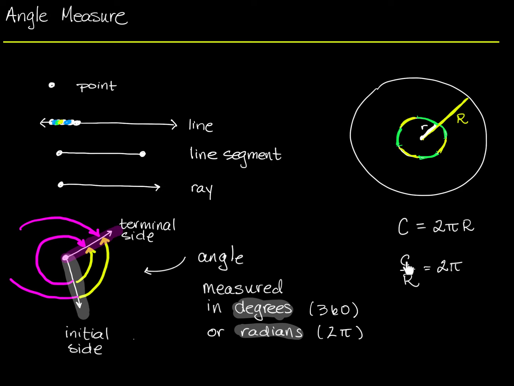If you take the circumference of a circle and divide it up by radius lengths, you'll always get 2 pi of those lengths. So we call one of those lengths a radius, or, because we're trying to distinguish it from radius, we call it 1 radian.